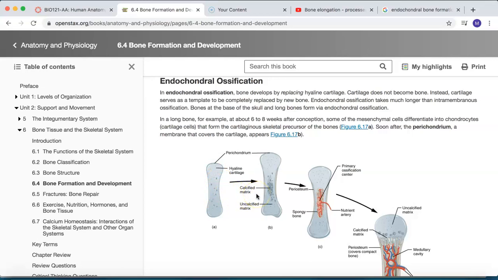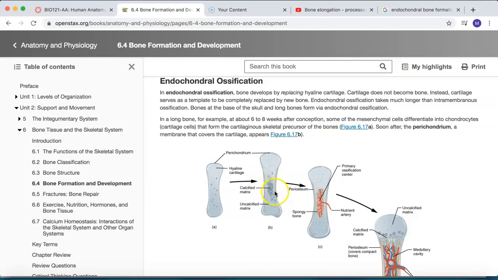These chondrogenic cells are replaced by osteogenic cells, and the osteogenic cells are producing osteoblasts, which then form their osteoid. They secrete this osteoid out, which becomes calcified, and you actually have real calcified bone forming on the diaphysis of this model. It's called a bony collar.